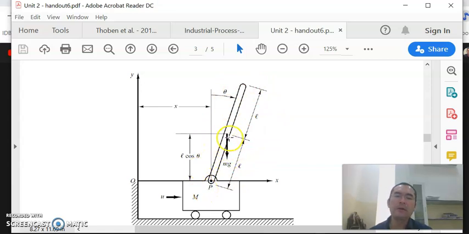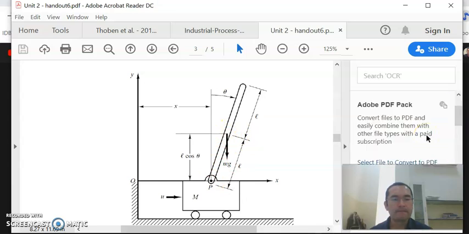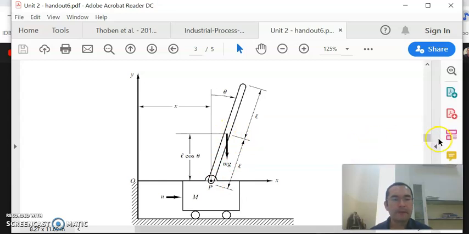The center of gravity of this rod is in the middle of the rod like this, so it's at the distance L with respect to point P.